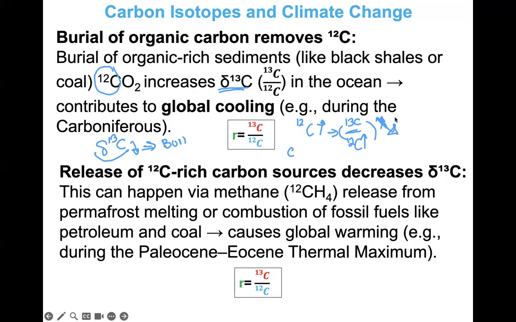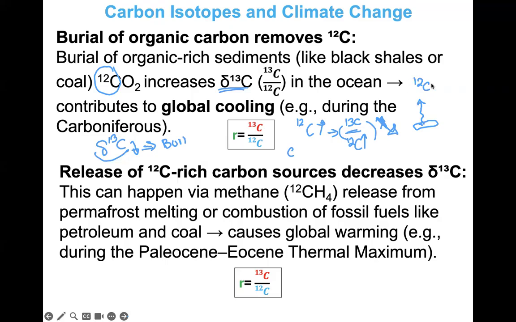How about if this black shell is used? Remember, black shell has fossil fuels like oil and petroleum. Coal also we use for energy. If that coal or black shell is used, like burned fossil fuels, for example, when you burn fossil fuels coming from black shell, what do you do? You're going to release C12.